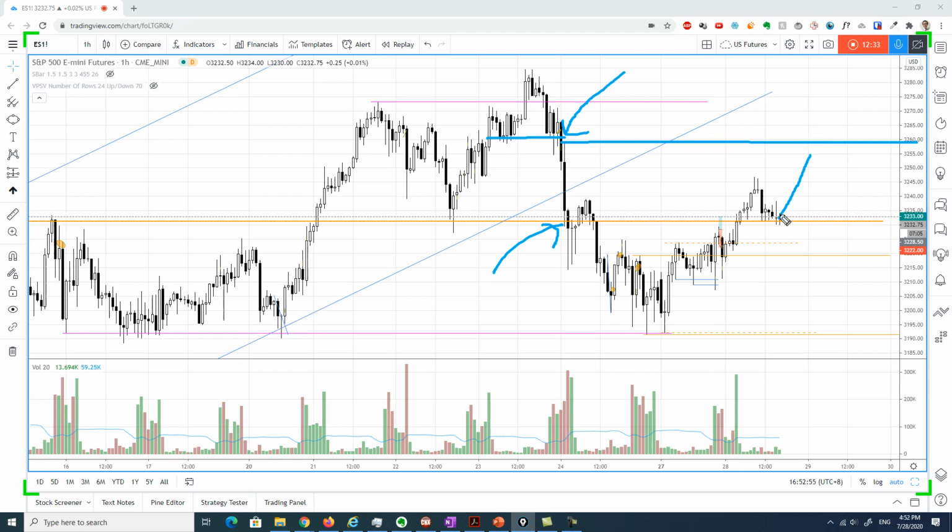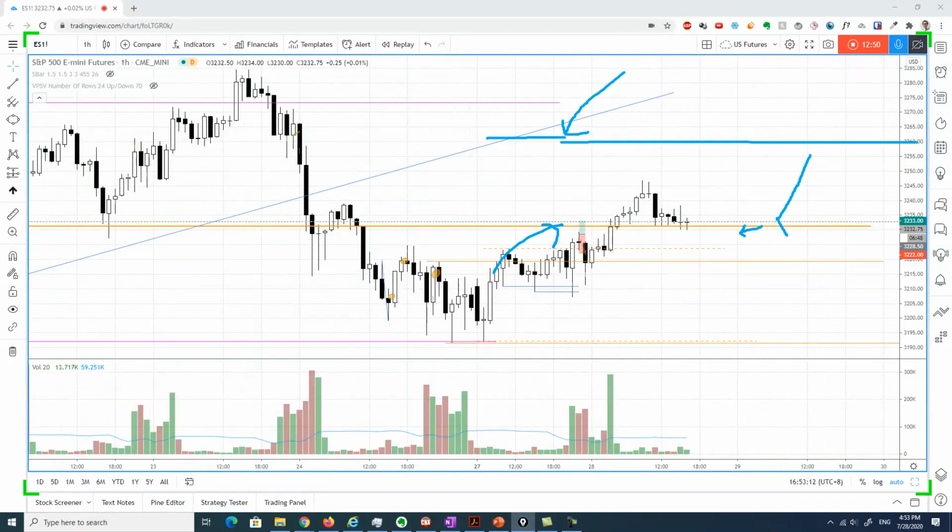So definitely, I think we could have this kind of scenario with a bit of a push down to test the last hour bar here. Let me take a closer look. I zoom out, zoom in a bit more here. You can see that this last hour bar kind of acted like a breakout bar.